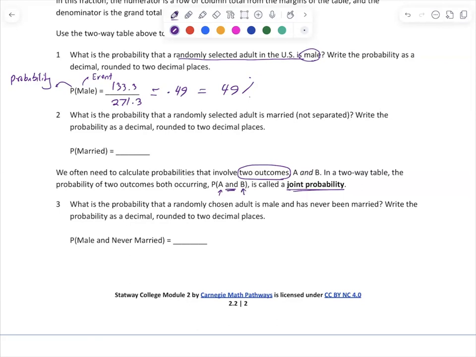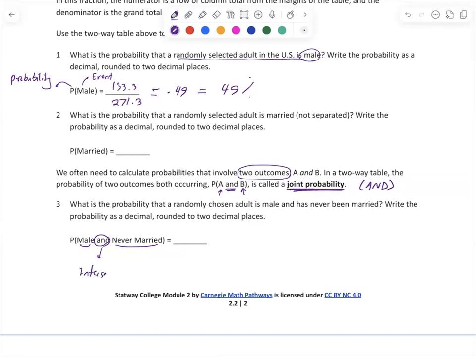We are finding a joint probability, and the keyword for joint probability is and. Wherever you see the probability of the first event and the second event, it means that you're dealing with a joint probability. Well, how do I find the joint probability? It's not that difficult. When you see and, it represents the intersection.